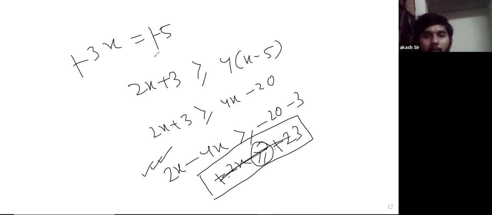See, we had minus 2x is greater than or equals to minus 23. So when we cancel these things, actually in the background, what is happening is you are dividing by a minus 1. So these signs are cancelling. But whenever you divide by a negative number, this sign will be changed, right, Gautam?